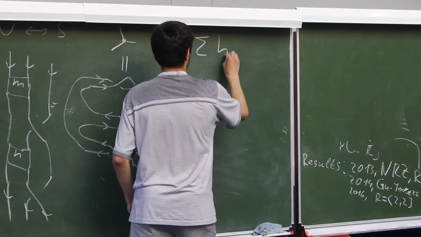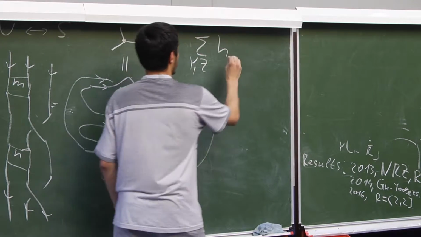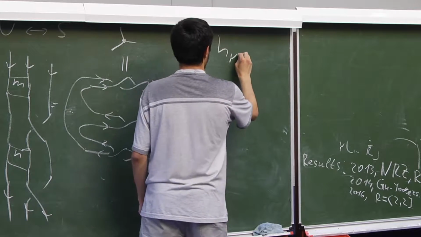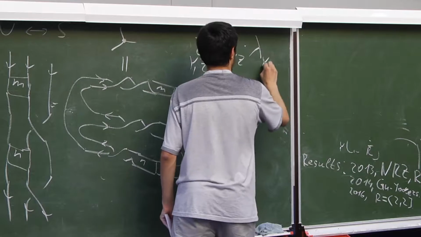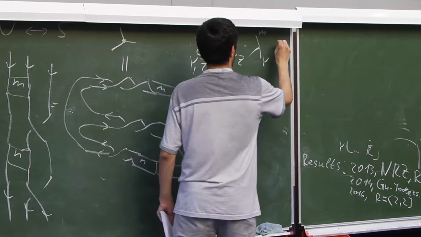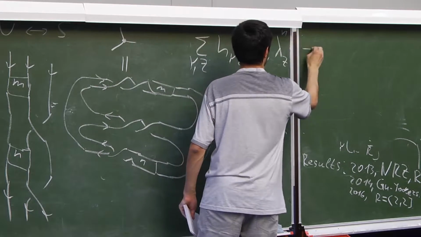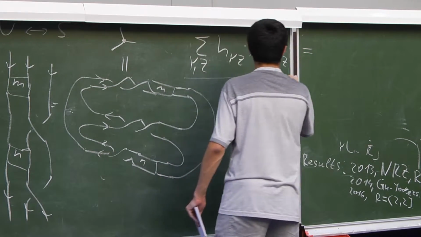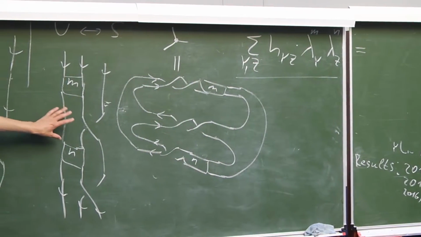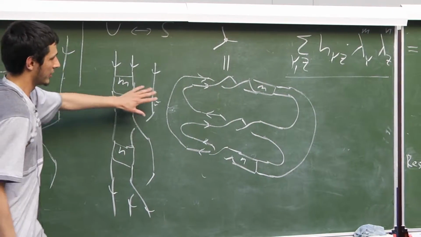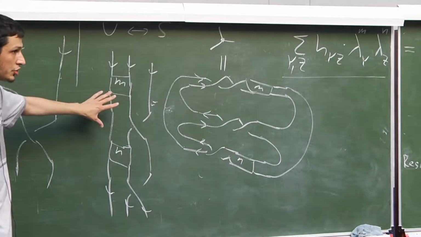So I will have some representations y and z, some matrix H_{y,z} times lambda_y to the power of m and lambda_z to the power of n. This formula can be obtained with the help of the first construction.